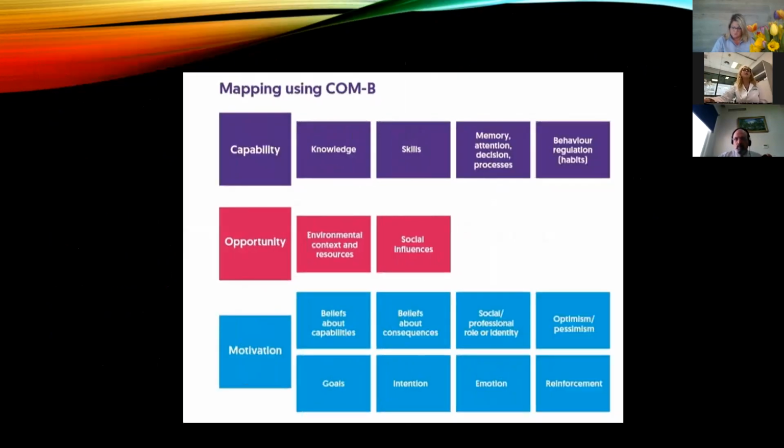Opportunity such as environmental context and social influences. Motivation, beliefs about capabilities, beliefs about consequences, social professional roles and identity, optimism, goals, intention, emotions, and reinforcement.